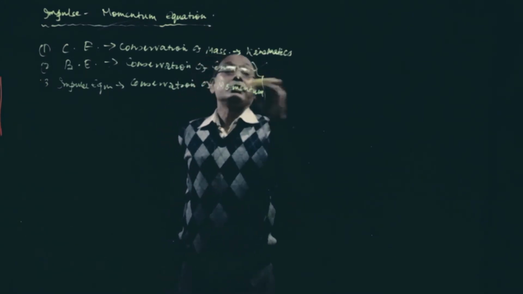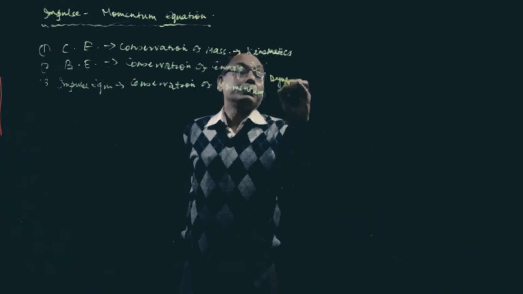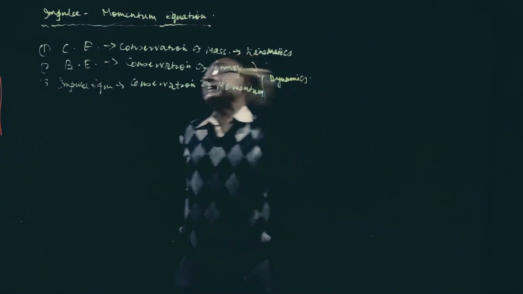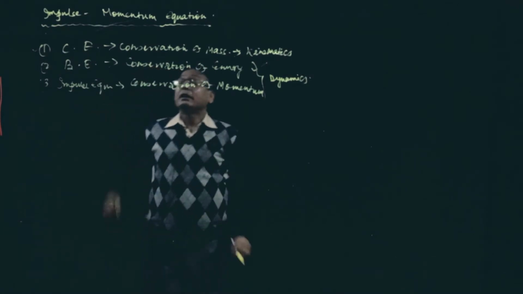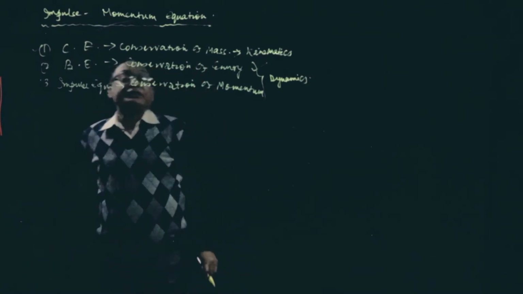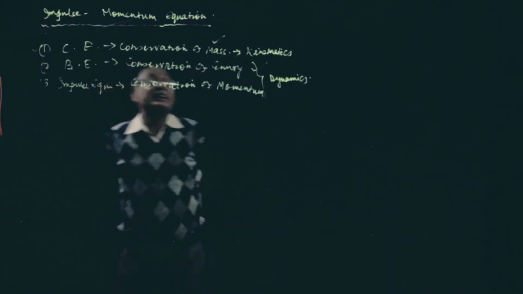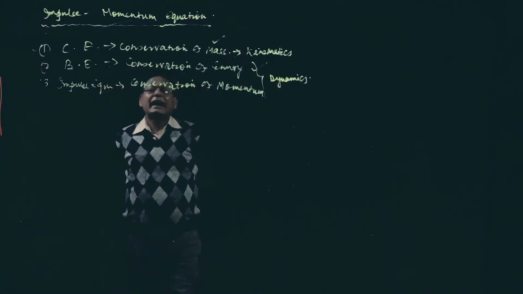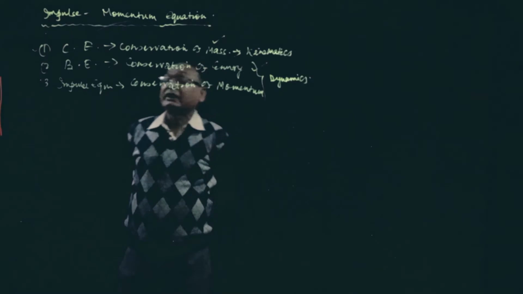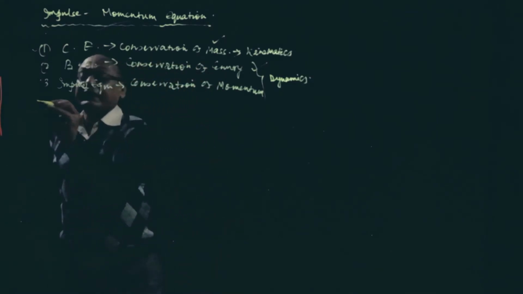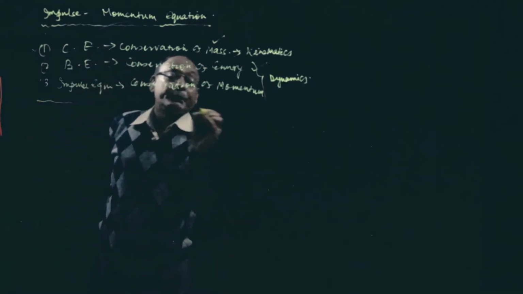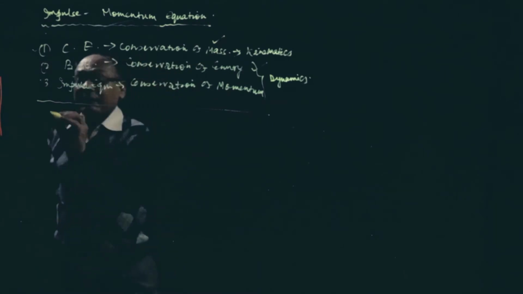Both are under fluid dynamics. So these are the basic three equations: continuity equation based on mass, Bernoulli equation based on energy, and impulse equation based on momentum. This is the last topic of our unit.